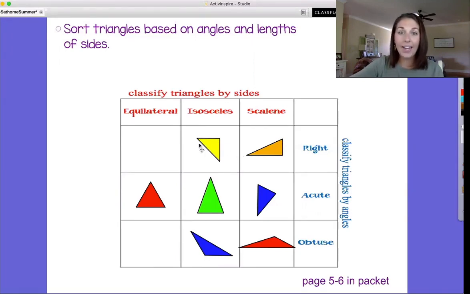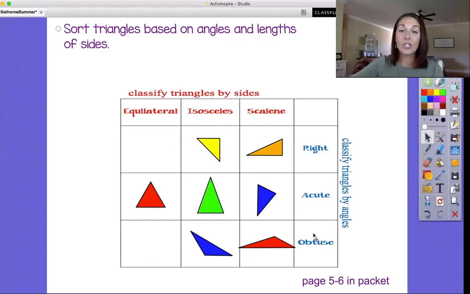So I know that it's not possible to have an equilateral right triangle or an equilateral obtuse triangle. The only equilateral triangle is going to be an acute triangle, to have those 3 sides that are exactly the same length. So these 2 spaces are blank for a reason, because that is not a possibility.